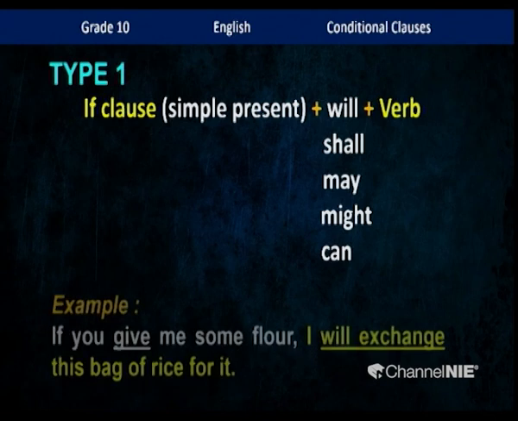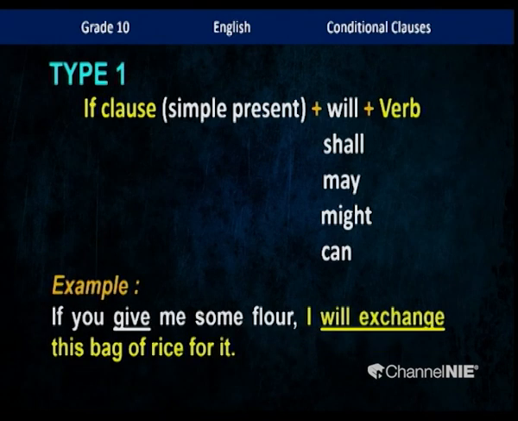So remember, if clause, simple present, and the result, future plus the verb. Look at the example. If you give me some flour, so give is simple present, and the result part is will plus the verb. I will exchange this bag of rice for it.